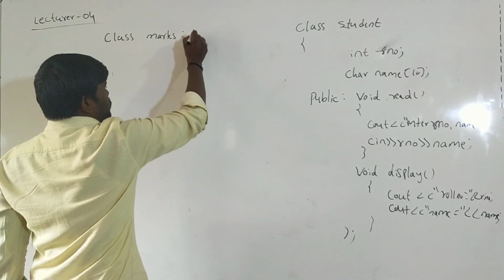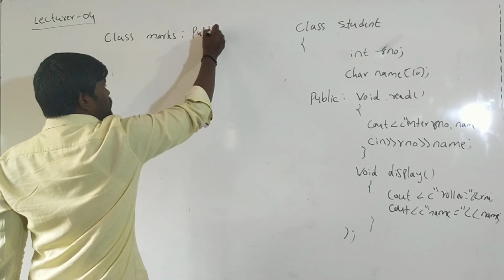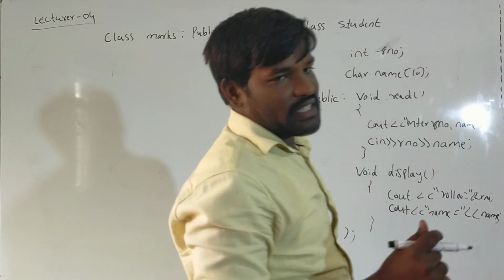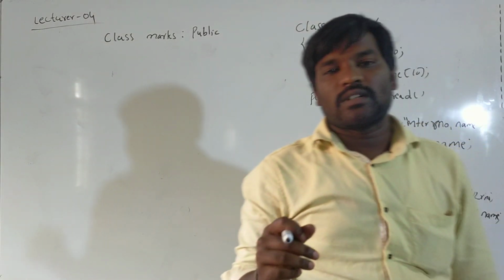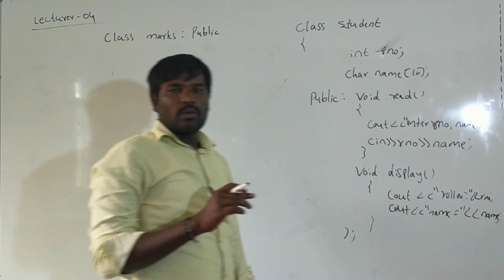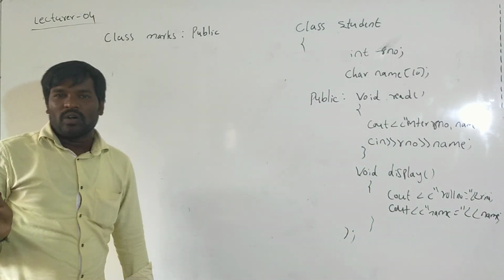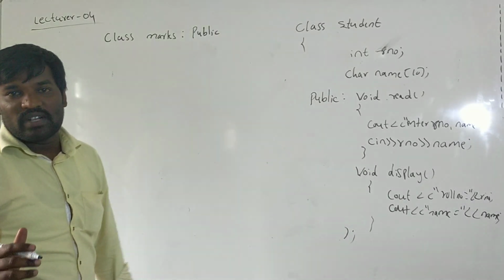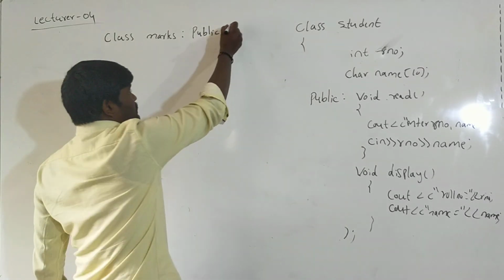Next is the visibility mode. I can write public. If you want, you can change it: either private inheritance, or public, or protected. The only difference is the way of accessing the base class variables as well as base class functions, and the base class name is student.